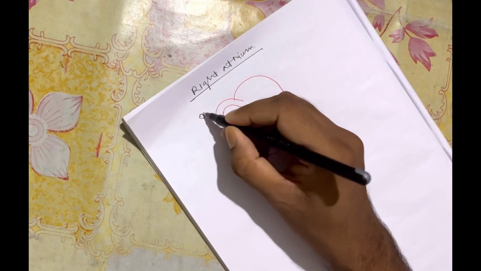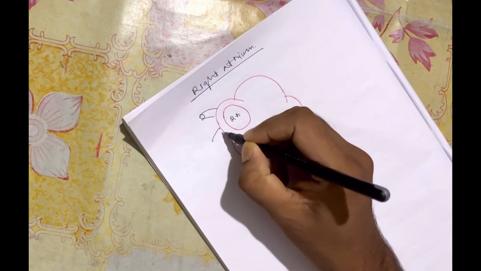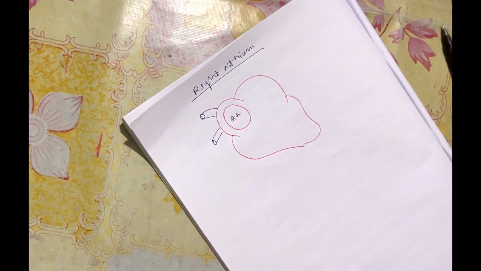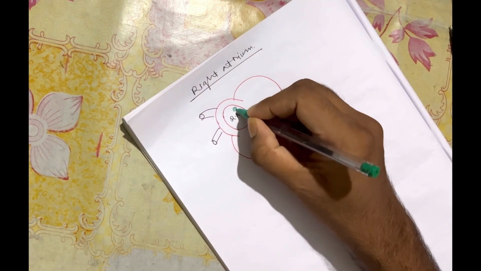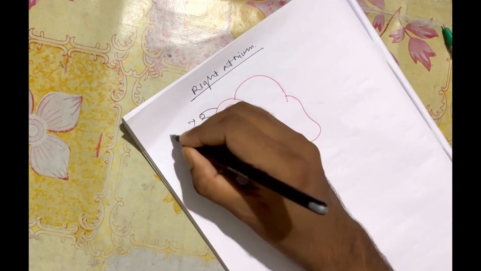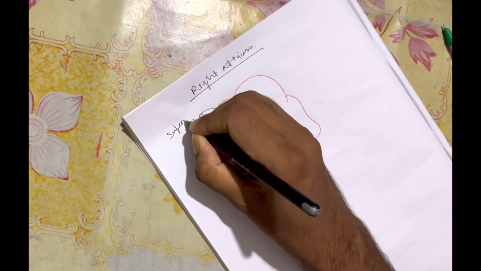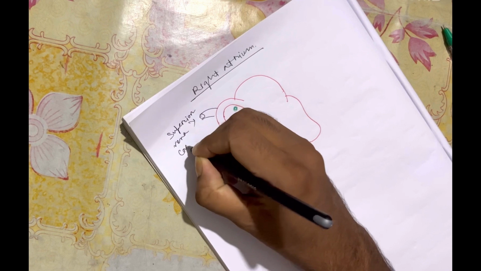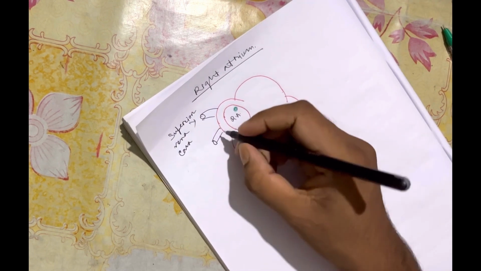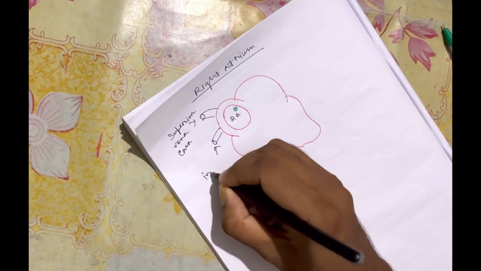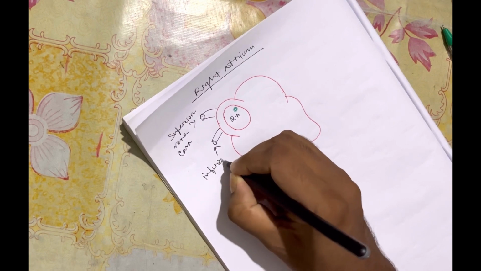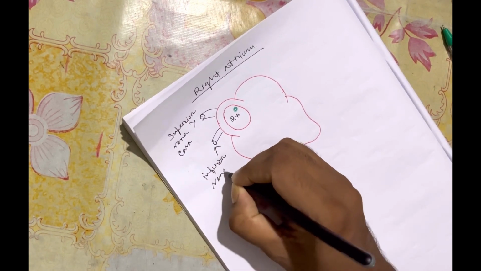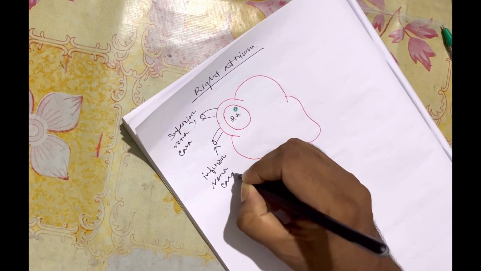So the right atrium basically receives blood from different blood vessels. Okay, so these are the two blood vessels I'm going to write here, which are called the superior vena cava and this is the inferior vena cava.